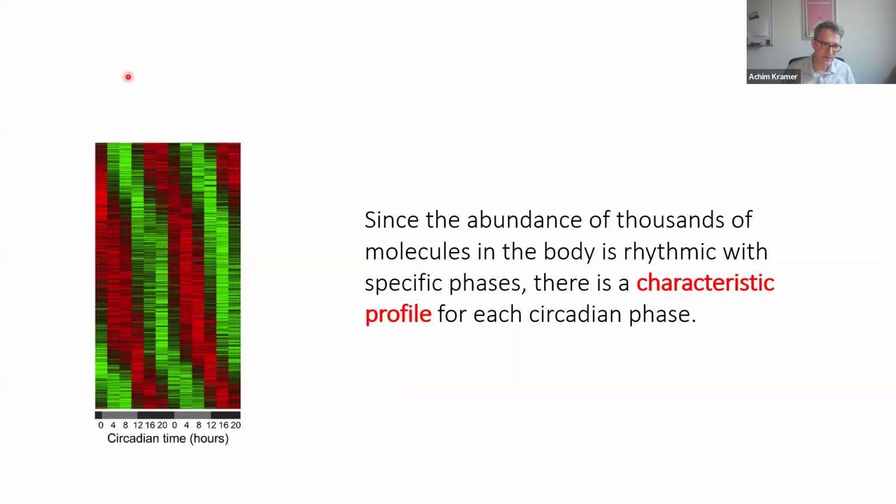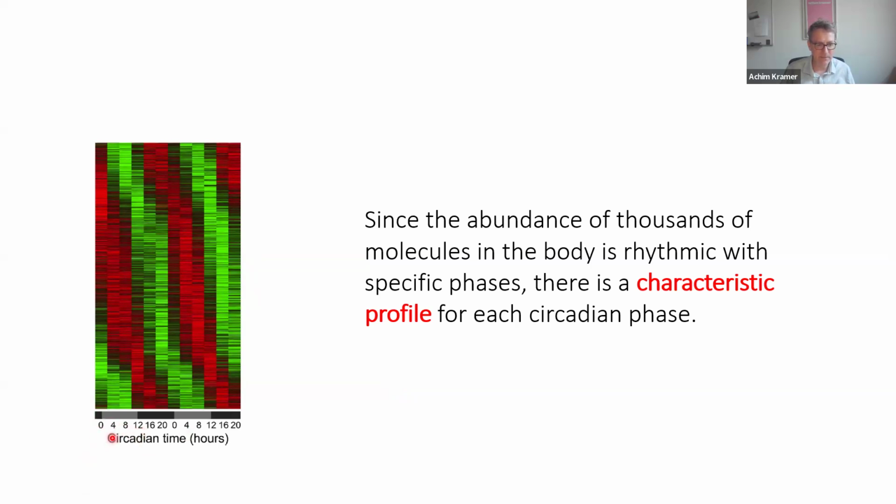And this left side is just a color-coded heat map to show you that in macrophages, these are mouse macrophages where we 15 years ago analyzed gene expression of the whole transcriptome, so gene expression of the whole genome every 4 hours.